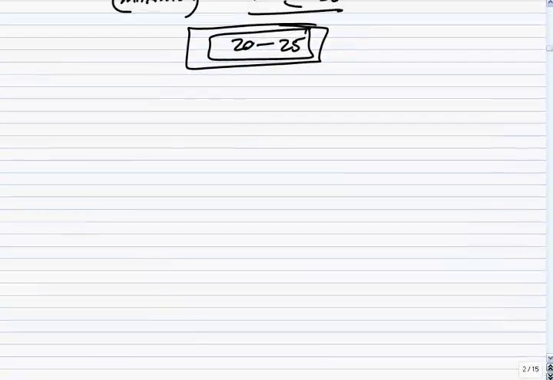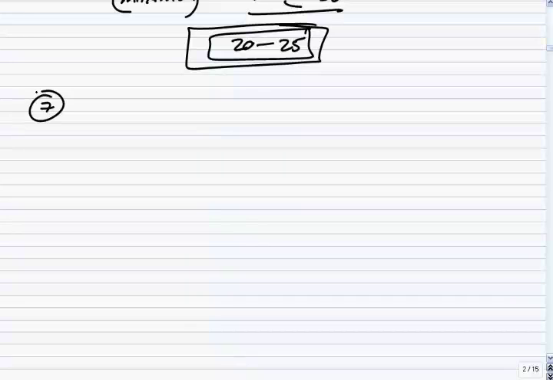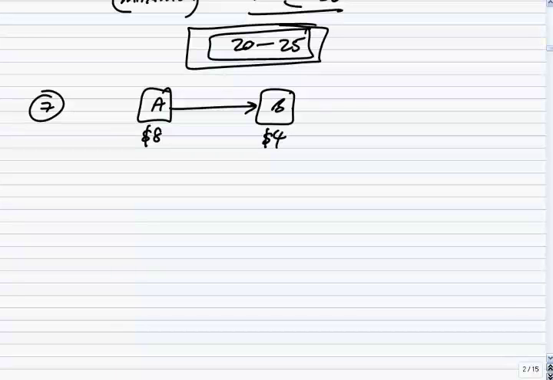All right, just one more, then I'll give you the rule. Look at number 7. Division A has costs of $8. They transfer to B, which has extra costs of $4. And B sells outside for $20.